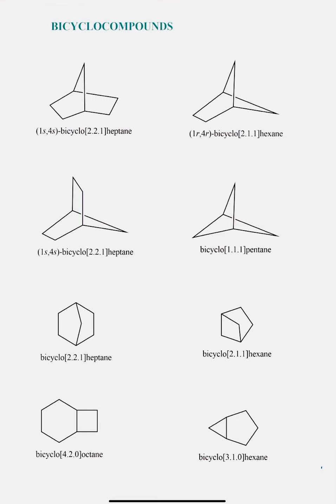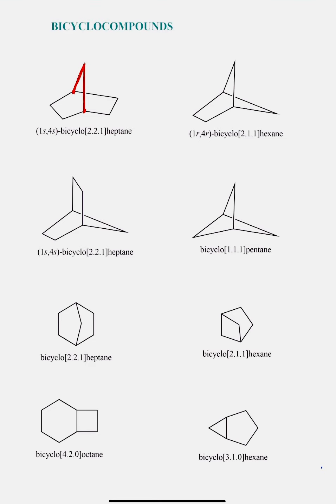If you see closely, there are only 2 bridgehead carbons in each and every compound. Let me explain. Unless there is a substituent attached, there will be 2 carbons which are bridgehead carbons because they are attached to 3 carbons each. And there is a bridge on the bridgehead carbons, that's why the name bridgehead carbons.